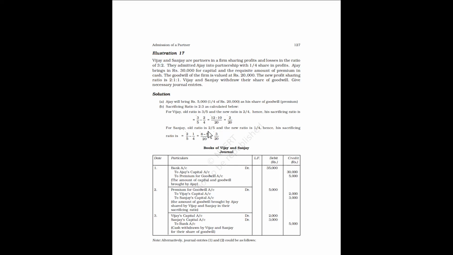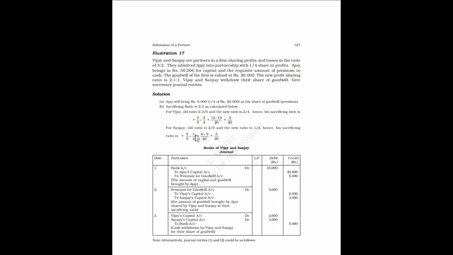The same way you have to calculate for Sanjay: old ratio 2/5 minus new ratio 1/4. The denominator is not the same, so we have to equalize that. 2/5 into 4/4: 4 2s are 8, 5 4s are 20.